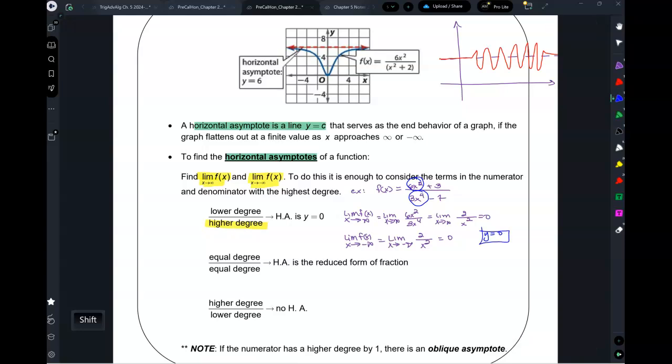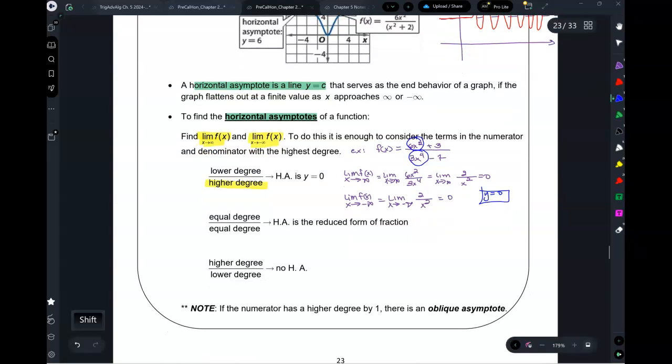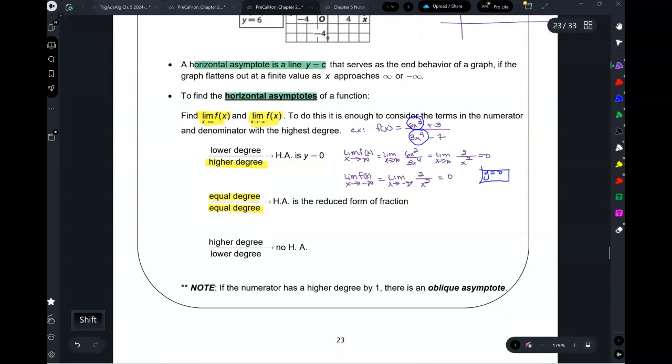Now, do we have to do all this every single time? No. It's enough to just look at the highest degree on the top, the highest degree on the bottom, and then you can figure out what your asymptote is. Now, if they have equal degrees, then the horizontal asymptote is the reduced form of the fraction. So suppose, for example, f of x is (6x cubed plus 1) over (3x cubed minus 1).